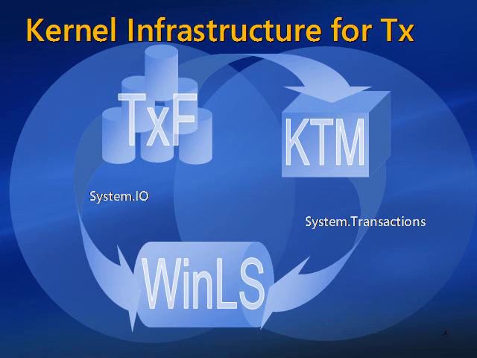Well, typically, what you have to do in such situations is you end up rolling your own log service, if you will, some way of persisting these records out to disk. Well, what we've done in Longhorn is introduced the Windows log service, which provides infrastructure within the kernel to kernel mode clients and user mode clients who want to persist their records.